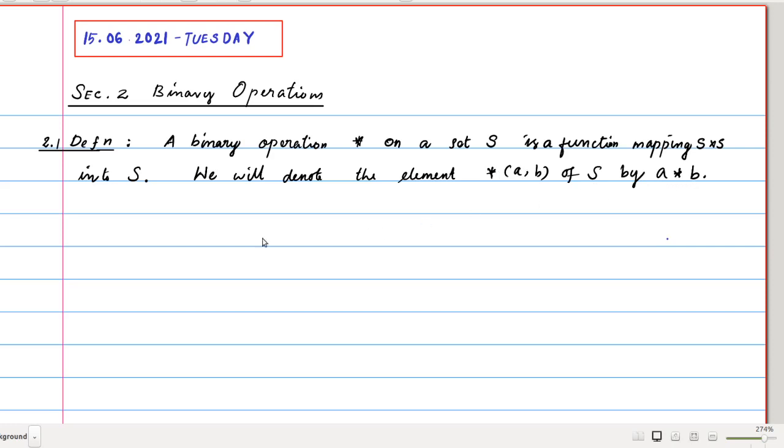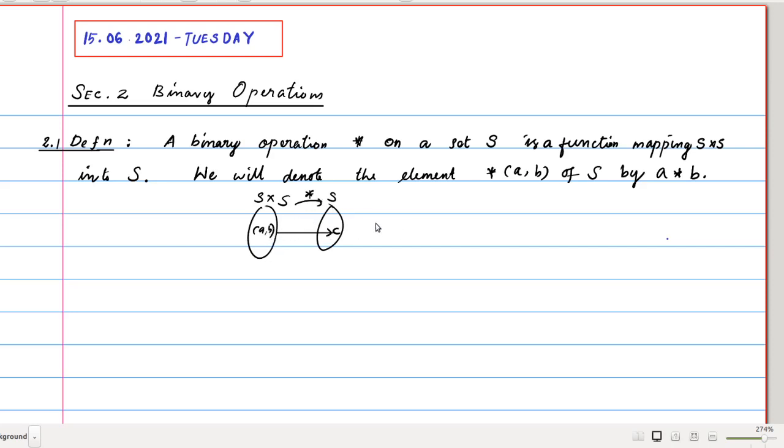Okay, so if we have S cross S here, and this is S, so star is a function from S cross S to S, and if we choose any ordered pair AB, there should exist exactly one element C in this set S. Okay, so this rule is what we call the binary operation.